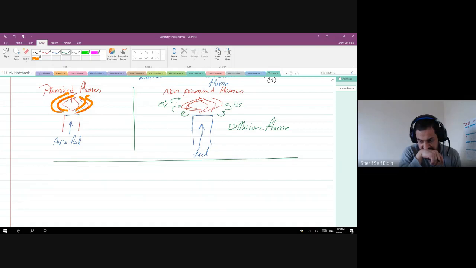He identified a correlation with which you can get the laminar flame speed of any kind of fuel at any specific condition. So I'm going to solve the first problem, and then we will be solving the Metghalchi correlation in the second problem as well, which is very straightforward. All right. Do you guys have any questions so far?